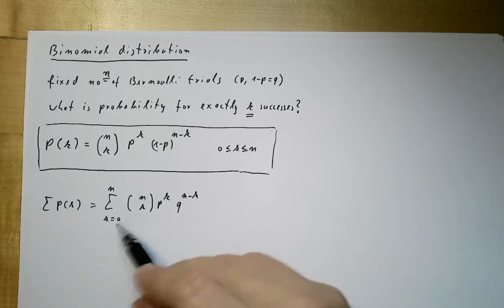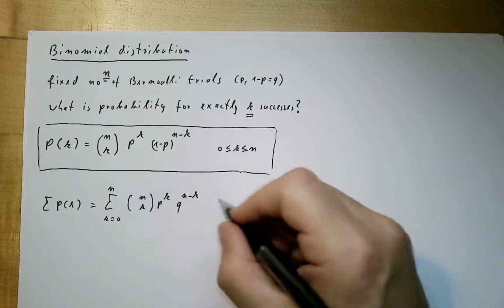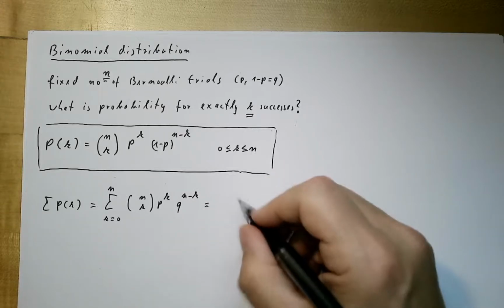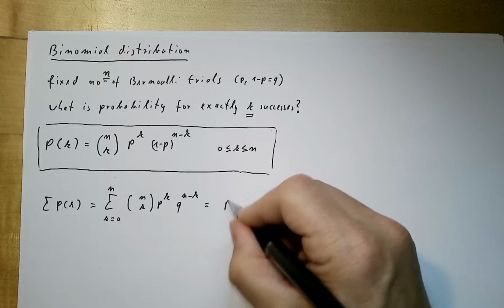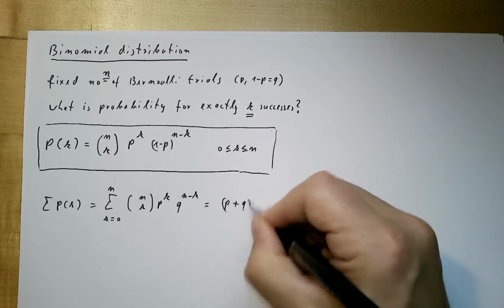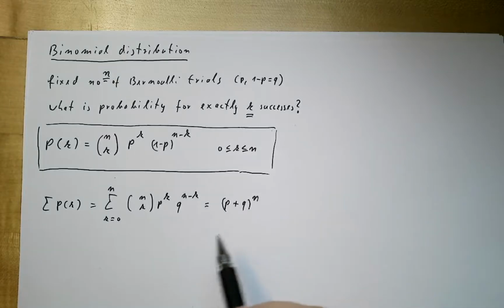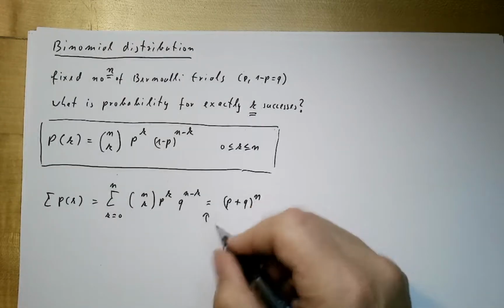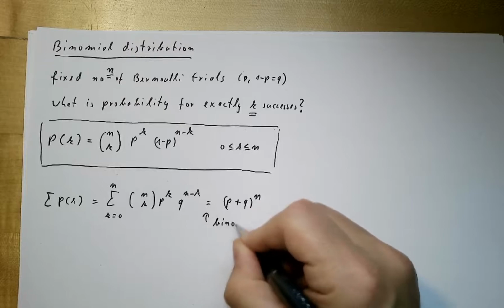And so now what gives this sum? And there maybe you've seen the binomial theorem. You can write this as p plus q to the power n, or here this is the binomial theorem.